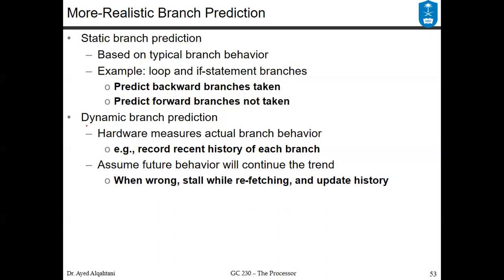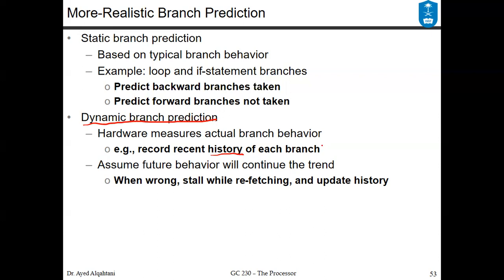There is a better choice, which is the dynamic branch prediction, where the hardware measures the actual branch behavior. And this happens only if you record history, which means what happens the last time we called the branch. Did we predict taken and it was actually taken? So our prediction was correct.